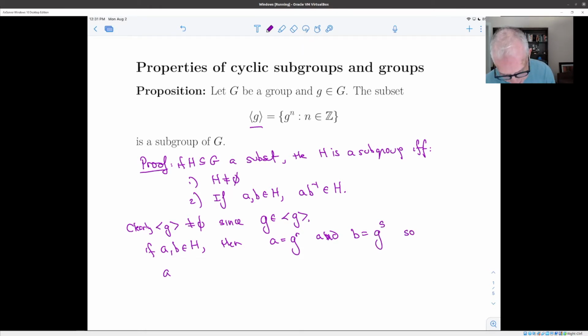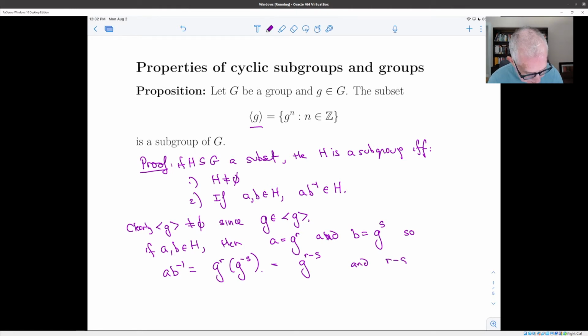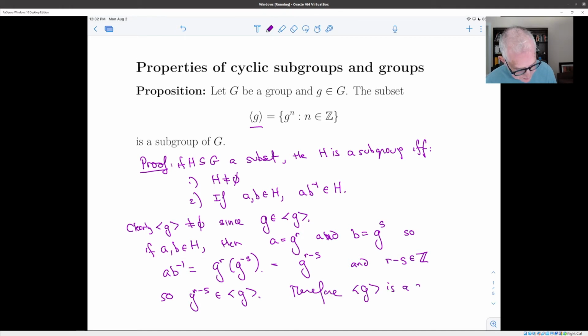So AB inverse is g to the r times g to the minus s, because remember that g to the minus s is the inverse of g to the s. But this is equal to g to the r minus s, and r minus s is an integer. So g to the r minus s is in angle brackets g, and therefore by this subgroup theorem, angle brackets g is a subgroup. So that's our first point.